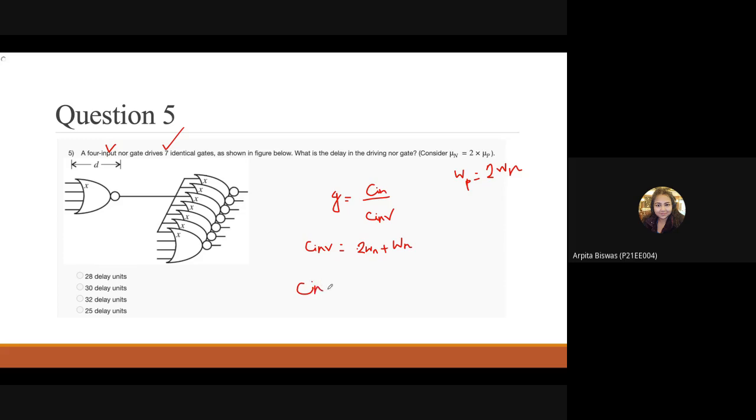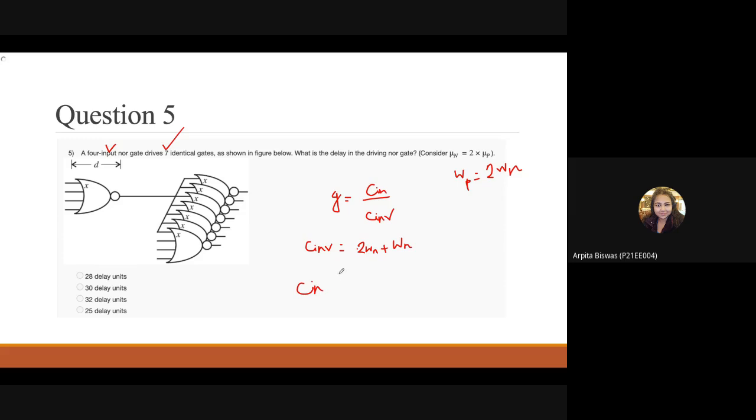For the 4 input NOR gate, the pull down network has 4 NMOS in parallel, so only one NMOS is enough. And the 4 PMOS are in series.